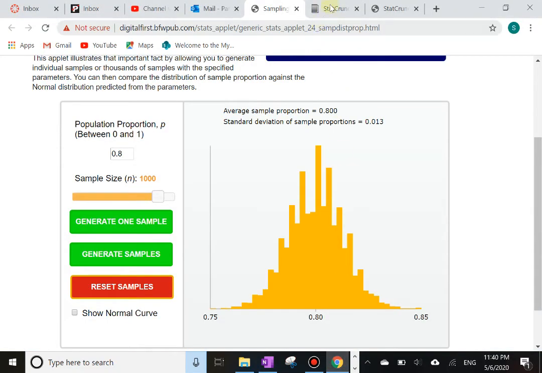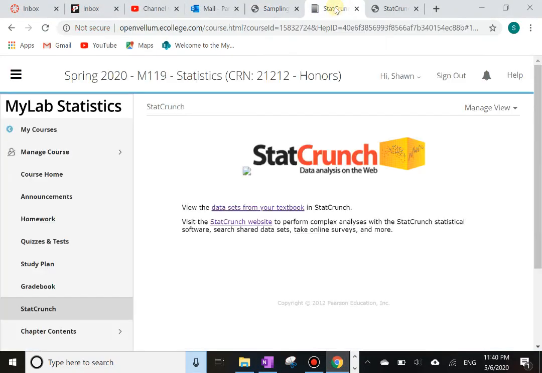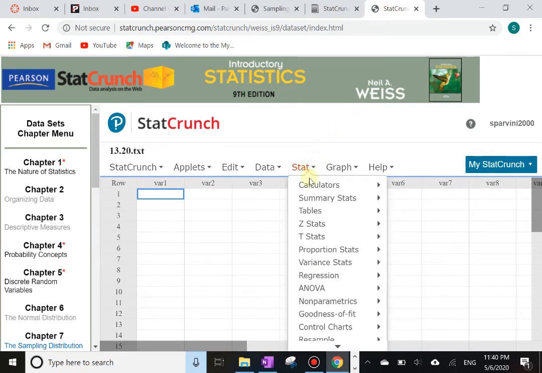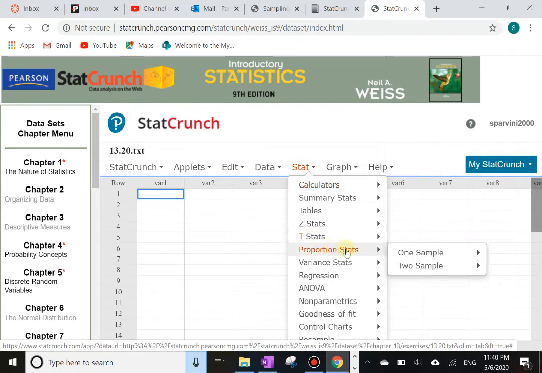So this is where I'm at in StatCrunch. To do this, we're going to go to Stat, and then we go down to Proportion Stats. Now, in all of Chapter 12, we are only in Section 1, but the balance of Chapter 12 also.